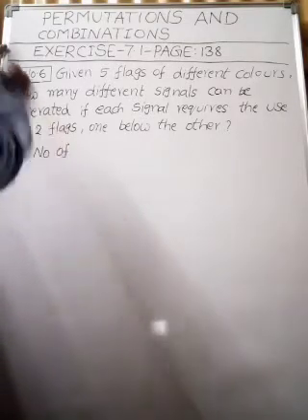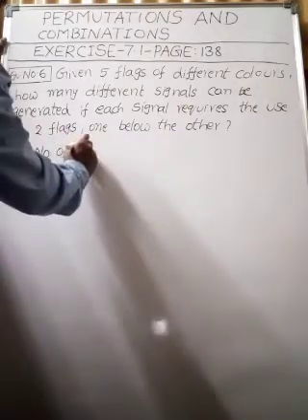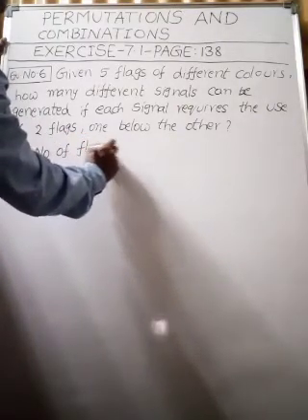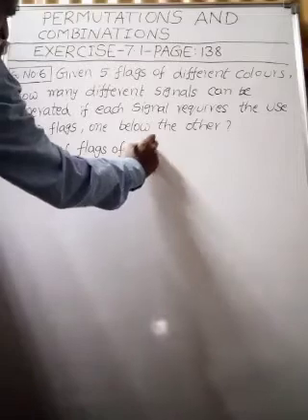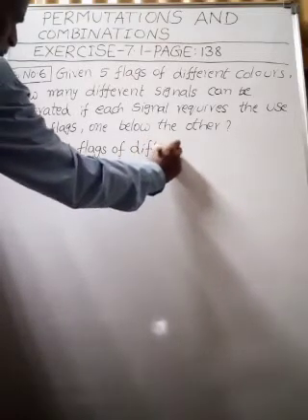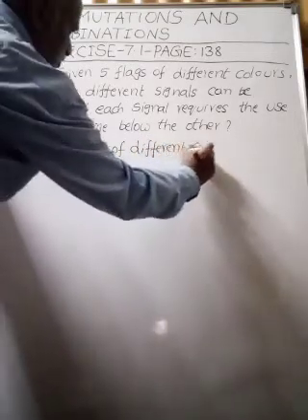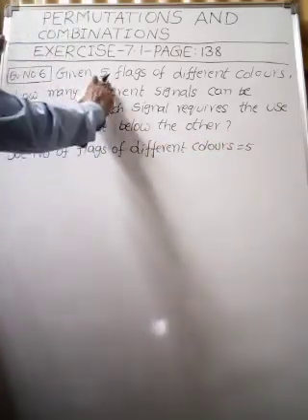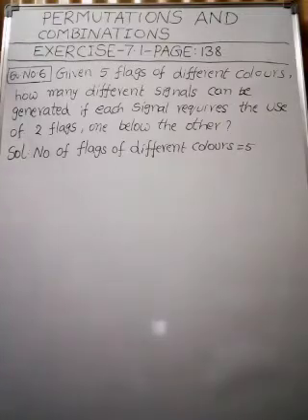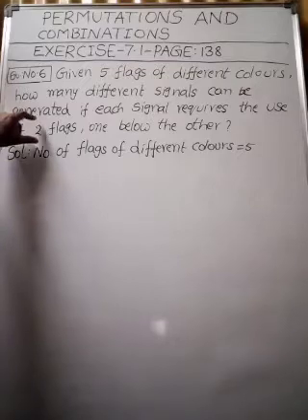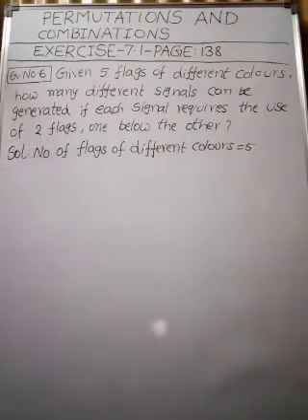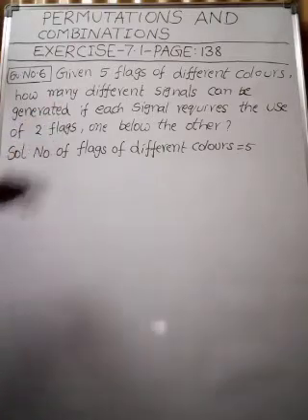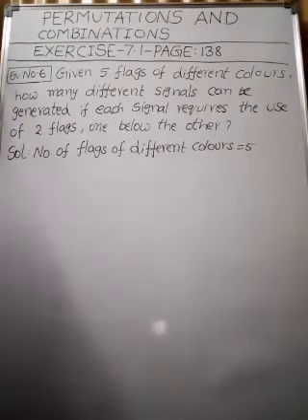Number of flags of different colors. That is 5 different colored flags are there. In a signal, how many different colors should be required? 2 flags, 2 different colored flags should be required, one below the other. Okay, my children? Right.